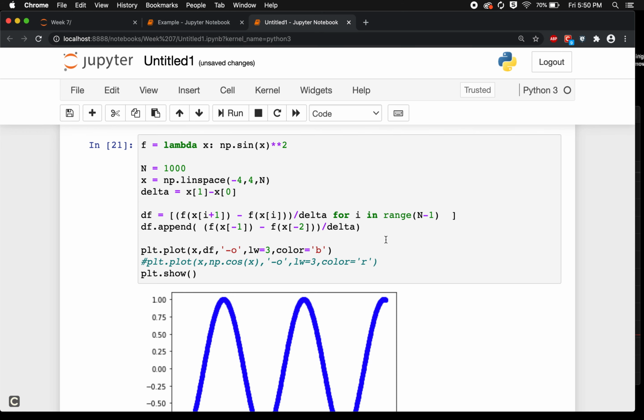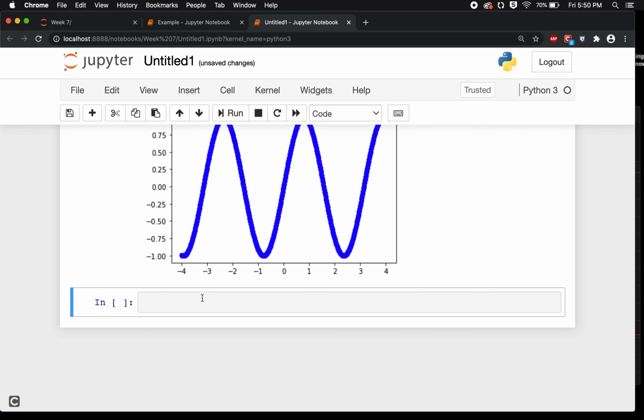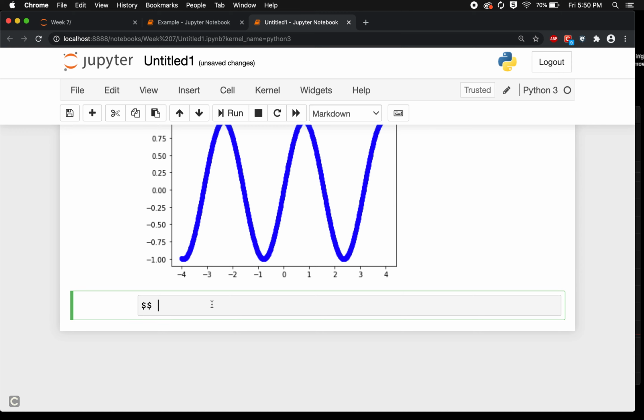Now, just as we did first derivatives, we can also do second derivatives. So the formula for second derivatives, and let me just go down to markdown. And here what we're going to do is frac d squared f dx squared.